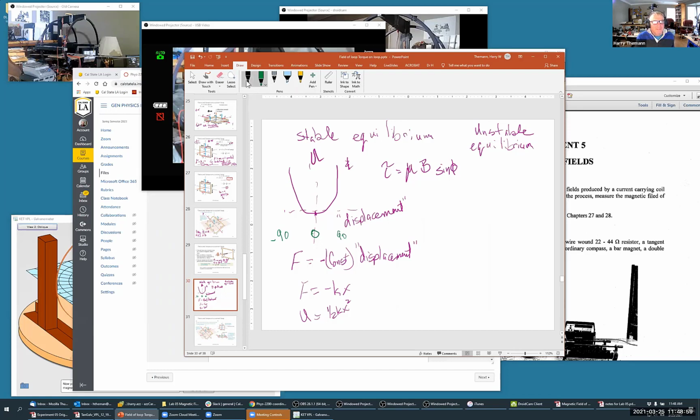But in the case of the spring, there's only one place where the spring force is 0. So you don't know about unstable equilibrium.